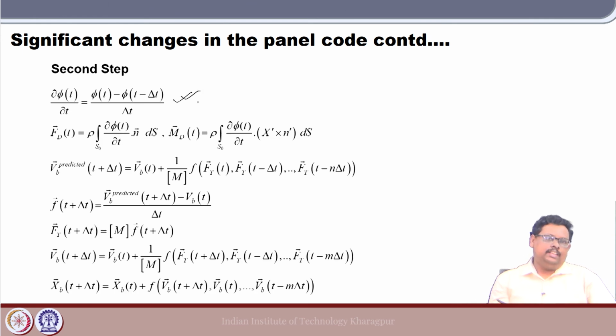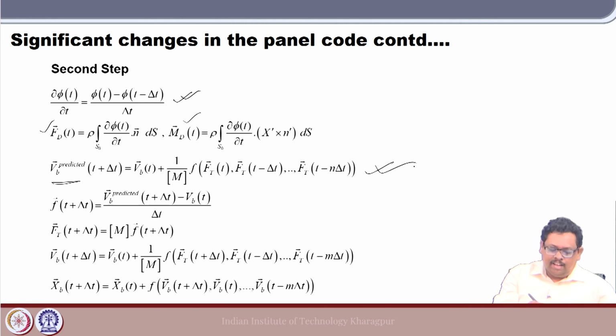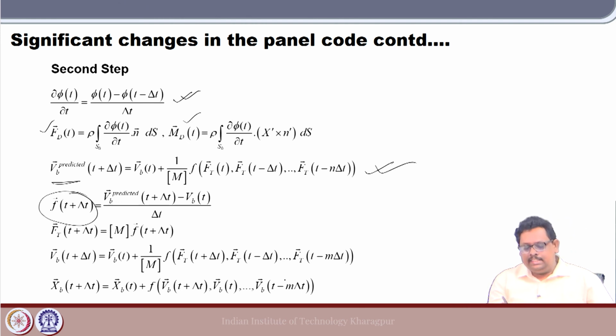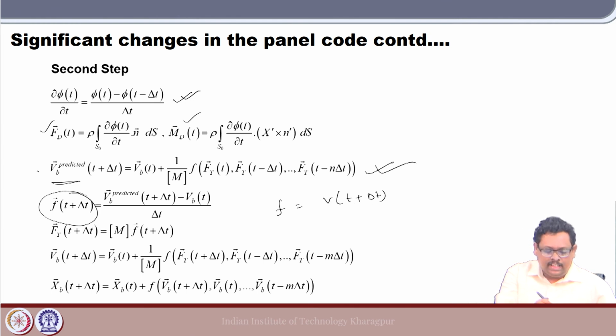So, first we try to get del phi del t with the forward marching scheme, and then we get the force and the moment. Then we use the predicted velocity using an Euler scheme or whatever scheme, and then we approximate the acceleration f using v at t plus delta t, which we obtain here, minus v at t, divided by delta t.